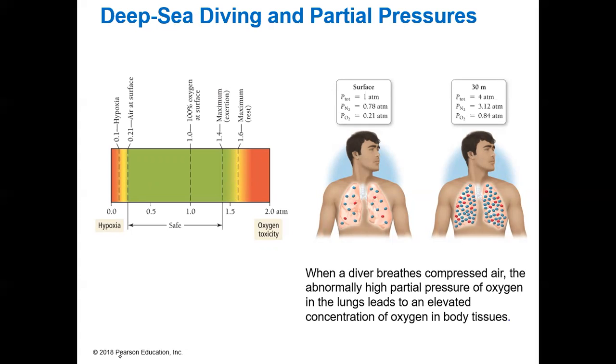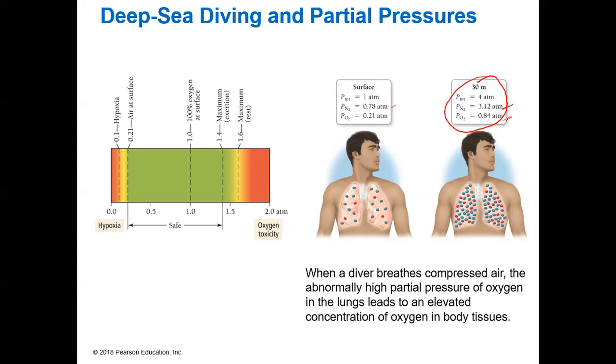So you'll notice that 30 meters below sea level, your pressure is extremely high. Your nitrogen pressure is much higher than normal, as is your oxygen. So this can be very dangerous.